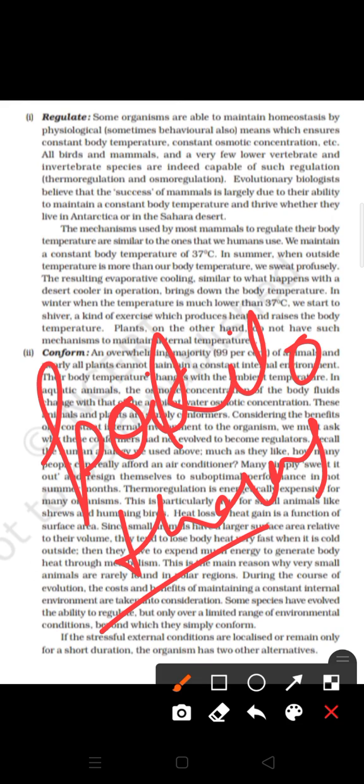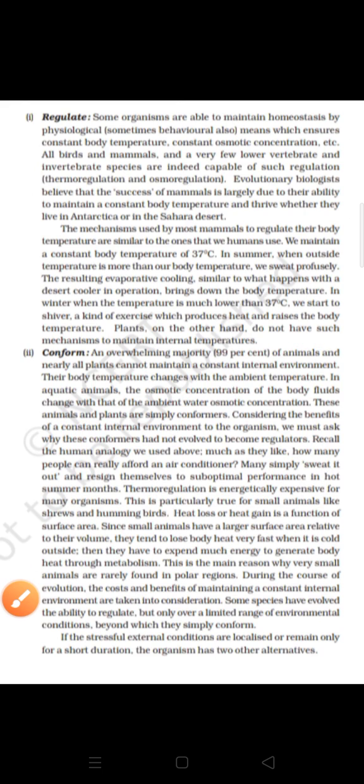Like fishes, which cannot maintain a constant body temperature but adjust it according to the environment. Suppose salinity increases in water; if water is more saline, the fishes or living organisms inside it adjust according to the external environment.